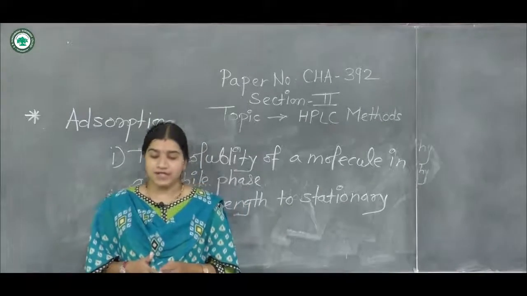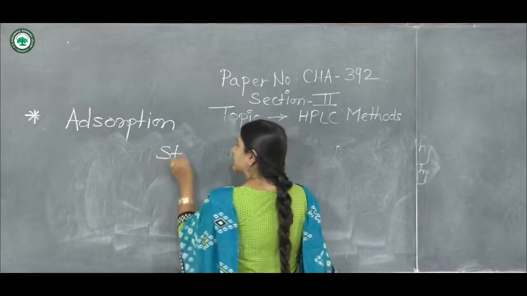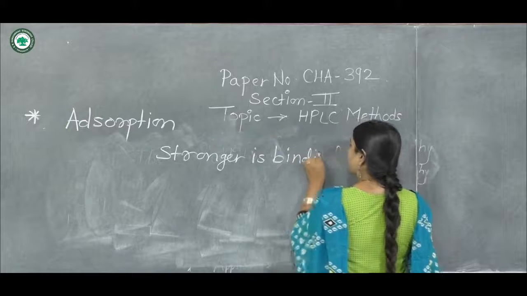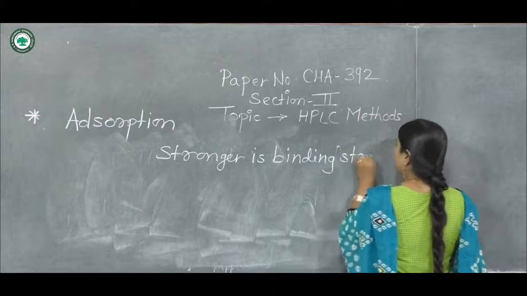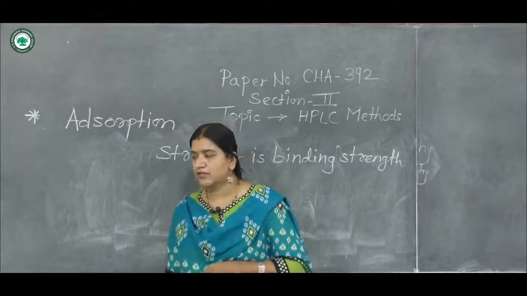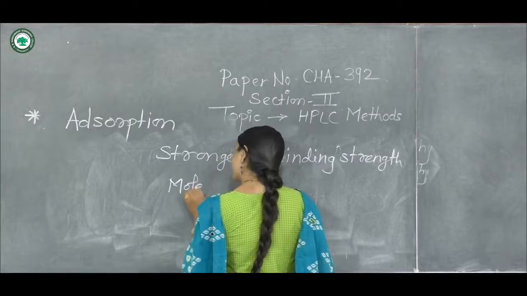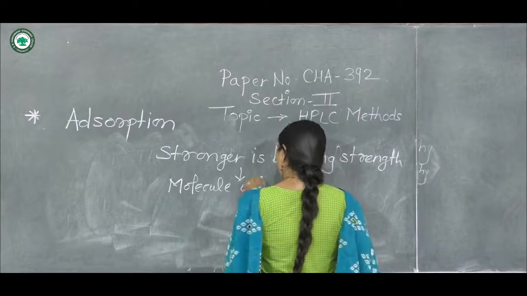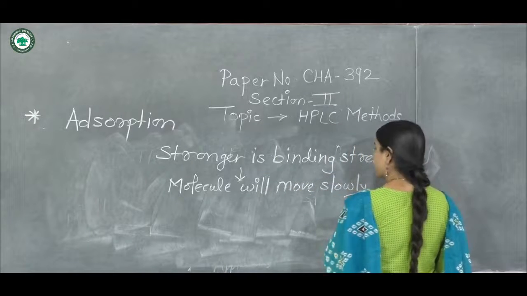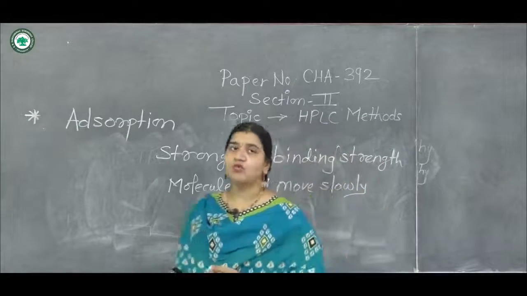So stronger binding strength means the molecule will move slowly, and weaker binding strength means it will move faster.